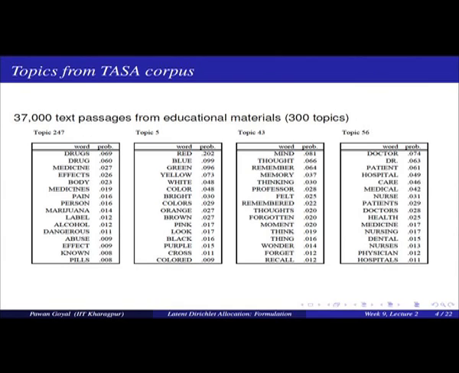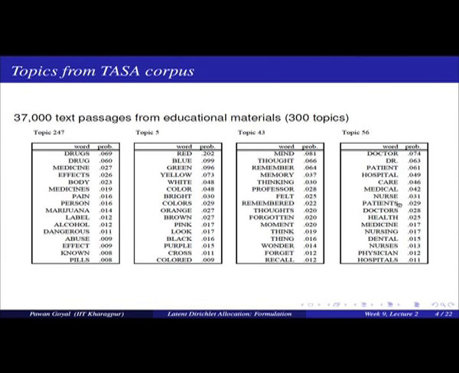There can be different sorts of documents you can think of. One could be about someone who was taking a lot of alcohol, marijuana, and so on, and it affected their color perception. If you want to generate a document like that, you will blend these 2 topics together. Similarly, suppose you want to blend these 2 topics. This topic is about mind, thought, remember, memory, forgotten, and this one is about doctor, medical, nurse, patients.